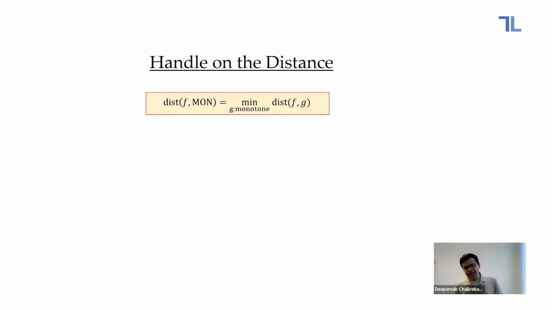Because if you think about it, I give you an arbitrary function, and I'm taking a min over all monotone functions, and there are lots of monotone functions. So this distance is something that one needs to get a handle on before one can understand how to design algorithms. And this is not just for monotonicity, this is true for any property. For monotonicity in particular, there is a very nice handle on the distance, and that's what I want to begin talking about.